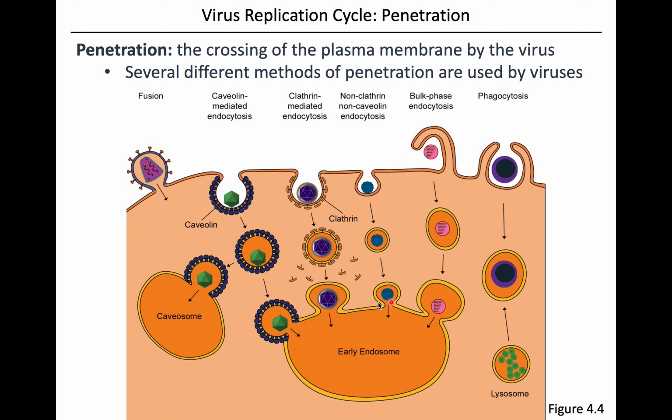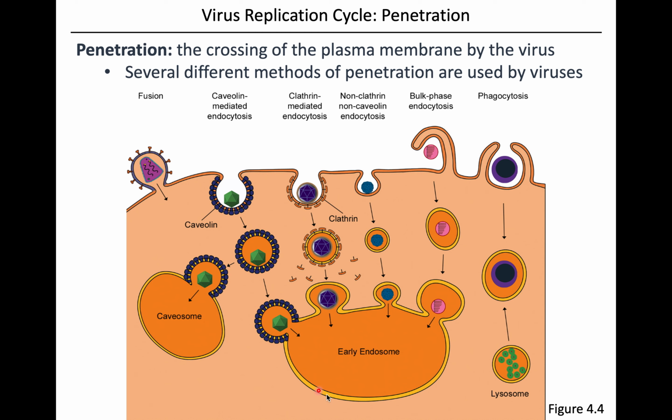What they're showing in this cartoon is the storage compartments in the cell, typically an endosome, or if you're talking about caveolin-mediated endocytosis, what's called a cavosome. These are the storage compartments where these endocytic vesicles end up delivering the virus particles.